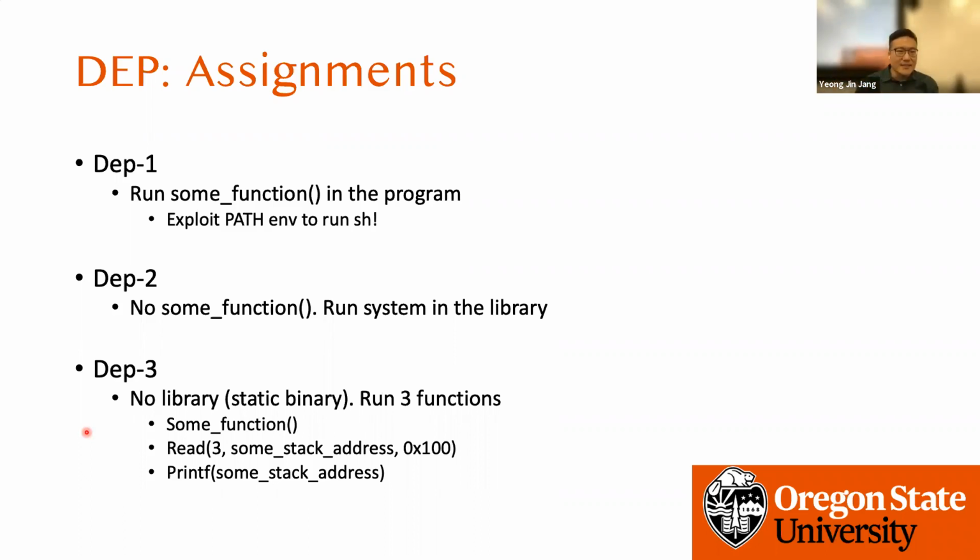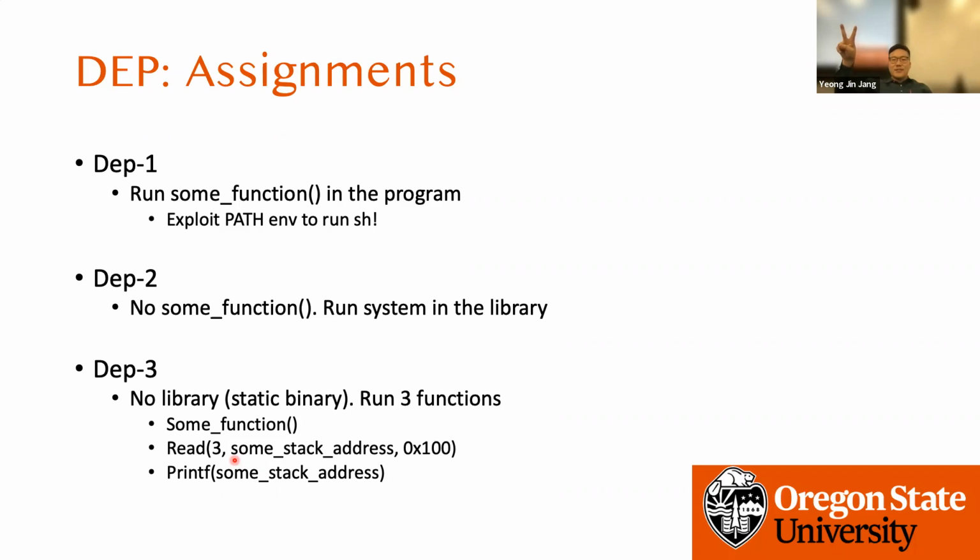The hint is some function opens a file, and that file must be a flag. So you need to call some function first to open the flag file. And then the read function requires the file descriptor for choosing the file, but in almost all systems, the de facto standard is file descriptor 0 is for standard input, file descriptor 1 is for standard output, file descriptor 2 is standard error.